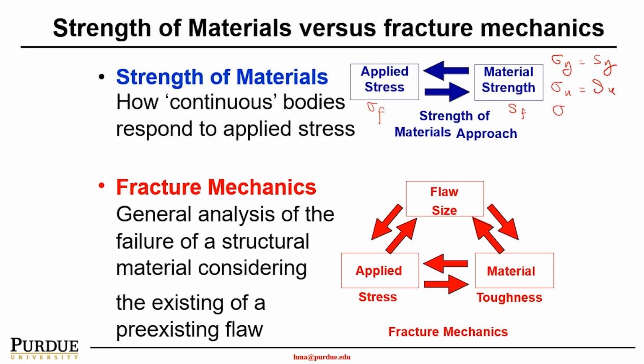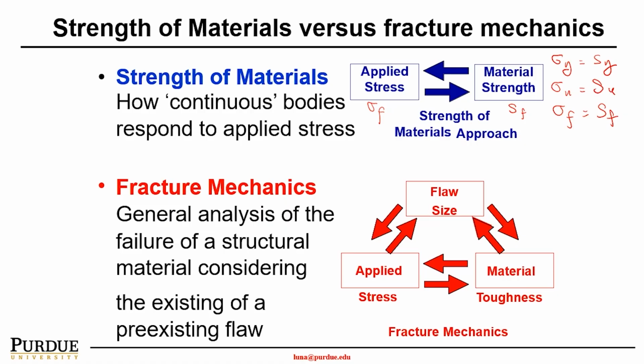And sigma F equals SF: the stress at failure equals the strength of the material at the failure point. So that's the strength of the material. As long as the applied load is smaller than the intrinsic material strength, we're safe.